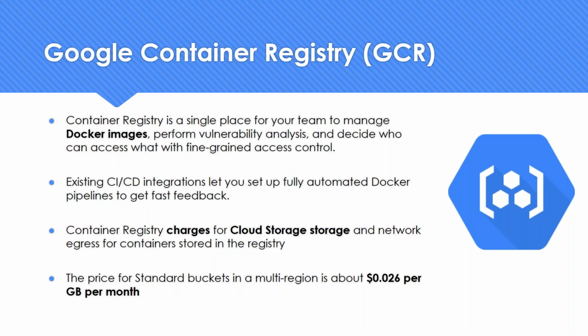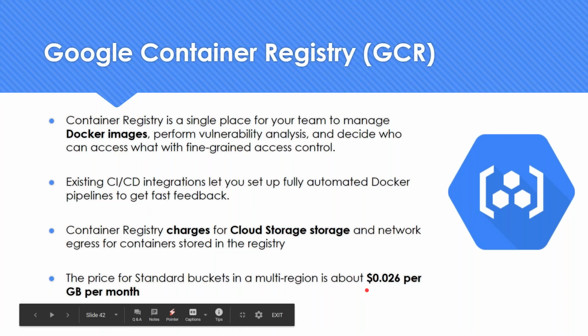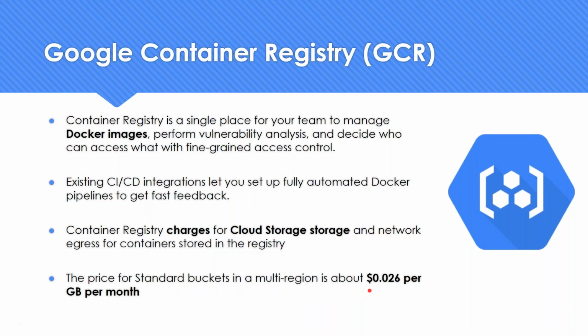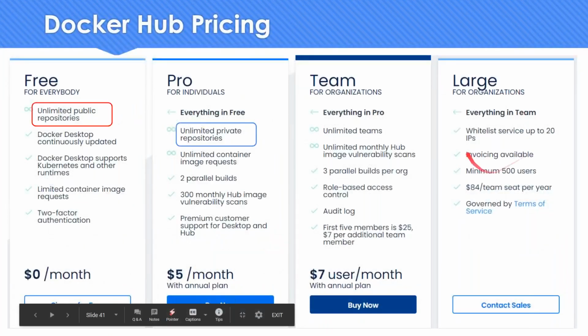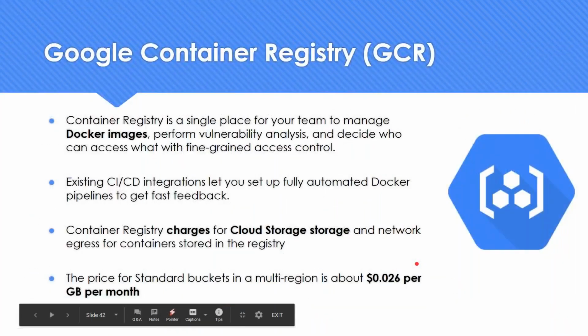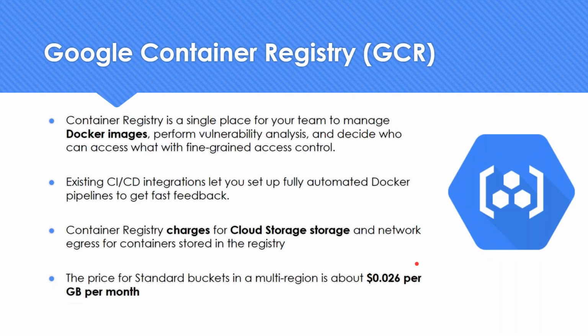We have not talked much about it, but the price is going to be $0.026 per GB per month. And this is enterprise grade. When you want a large plan, you don't have price information, you have to contact sales. So I would say, at least from the price perspective, GCR looks better than Docker Hub.